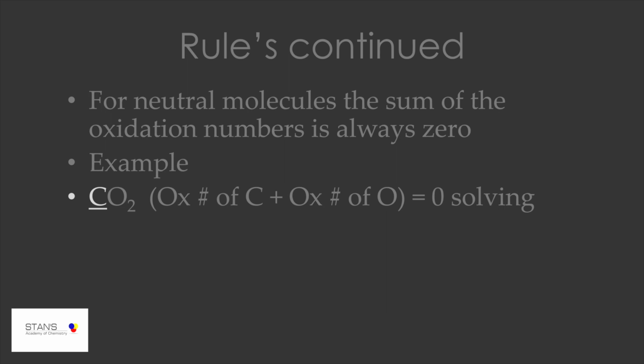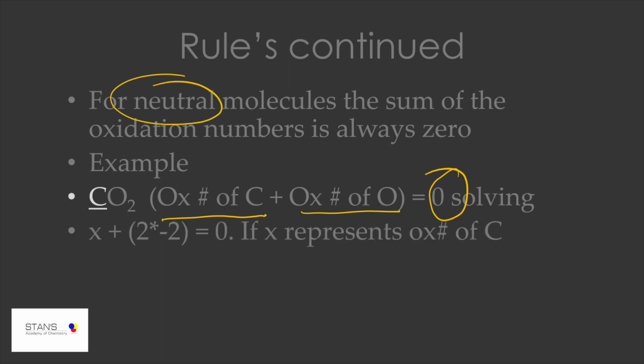So the total oxidation number for the molecule is the oxidation number of carbon plus the oxidation number of oxygen, which is given as 0 because it is a neutral molecule. So if X is the value for the oxidation number of carbon, we can add it with the oxidation number of oxygen.